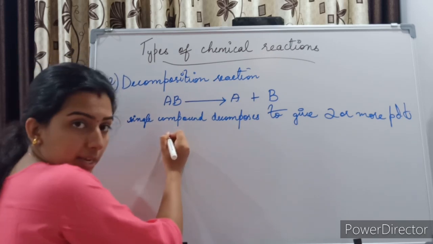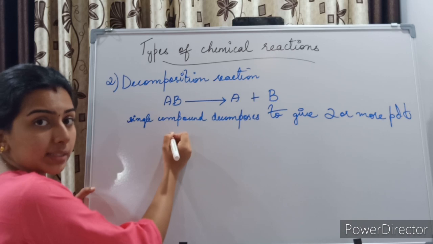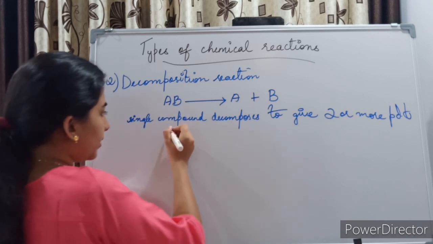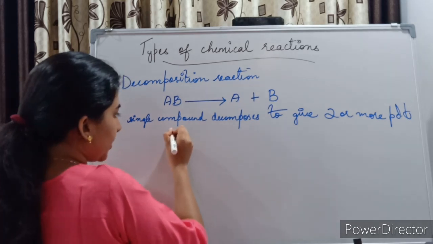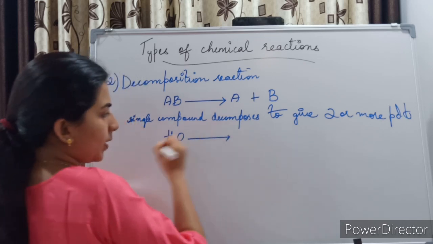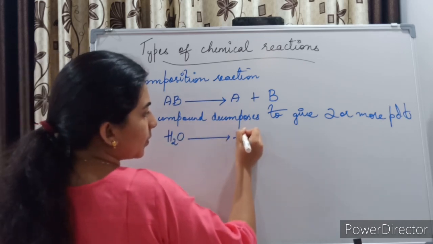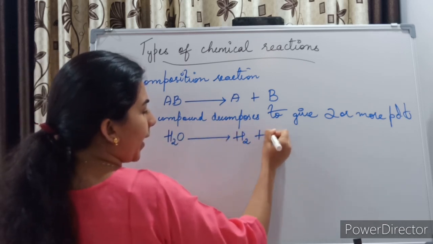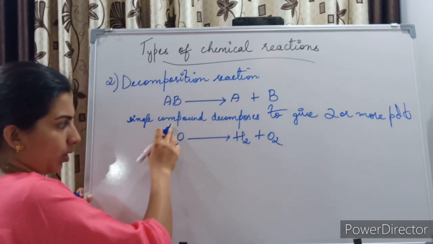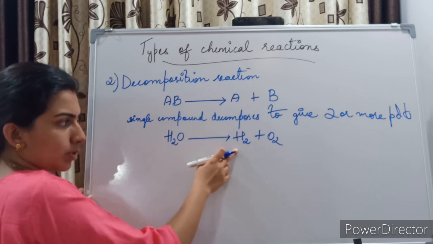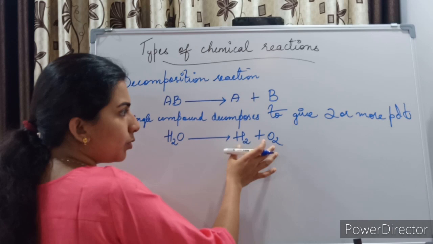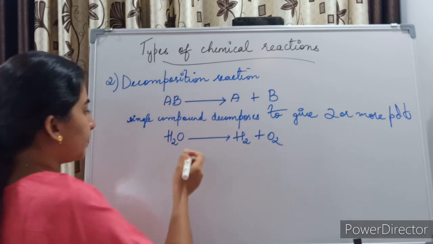In combination reaction, we took the example H2 plus O2 gives H2O. Taking the same example, water decomposes to H2 and O2. So this is a decomposition reaction because H2O decomposes to hydrogen and oxygen. A single compound decomposes to give two or more products.